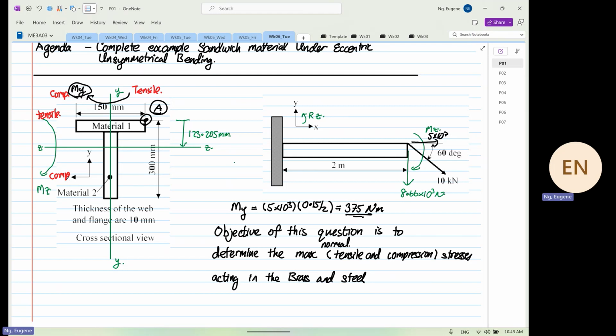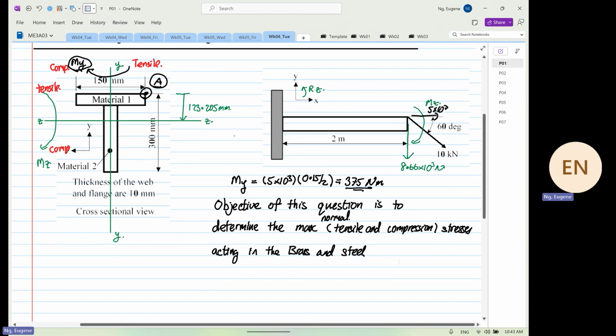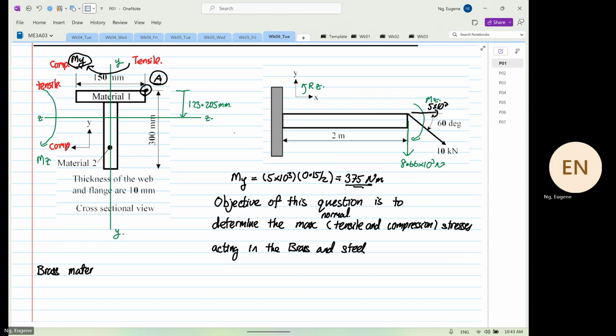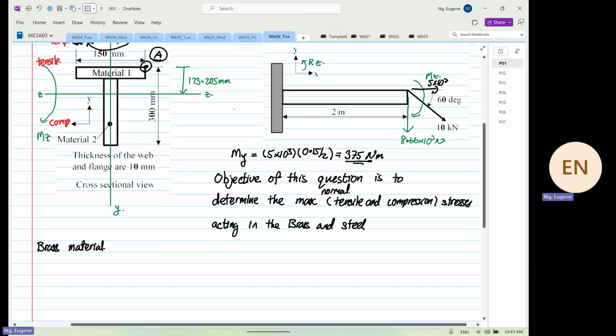So we are aware that material 1 is brass. So let's handle the brass material first.